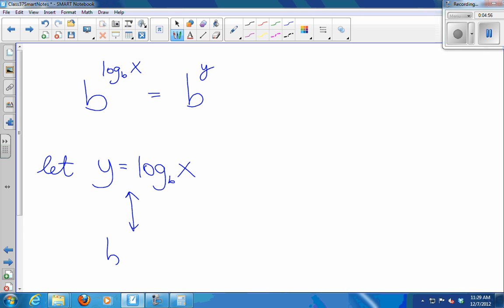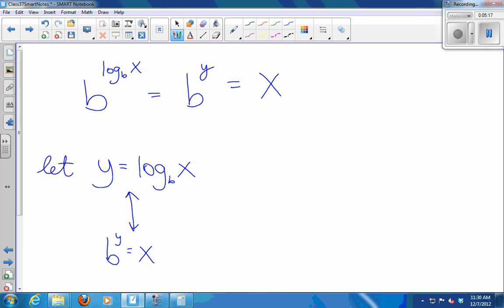B to the y equals x, right? b is my base, y is my exponent, equals x. So that means this has to equal x. So b to the log base b of x equals x.